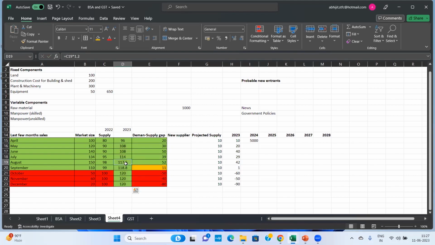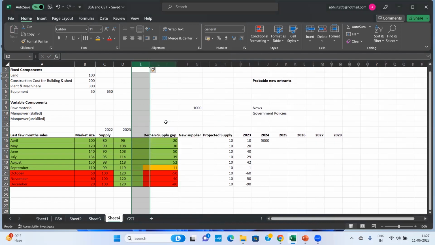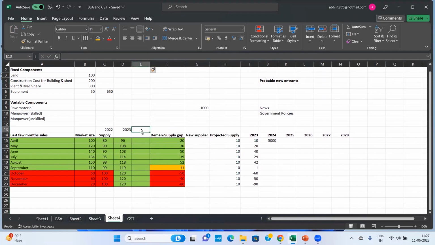Ignore the decimals, right? Again, for 2024, another 20%. Again, ignore the decimals, right?